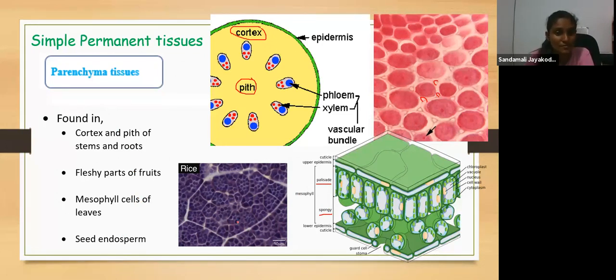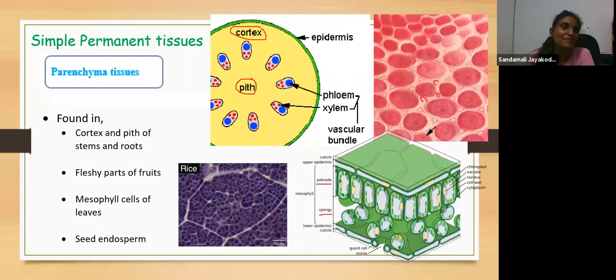And then the next example is seed endosperm. This is a diagram which contains a cross-section of a rice seed endosperm. You can see here cells with some intercellular spaces. And it is blue in color because it has been pigmented with an indicator to identify clearly.